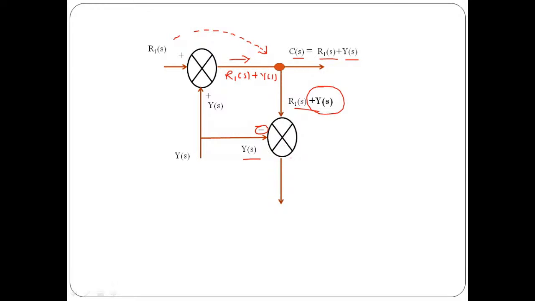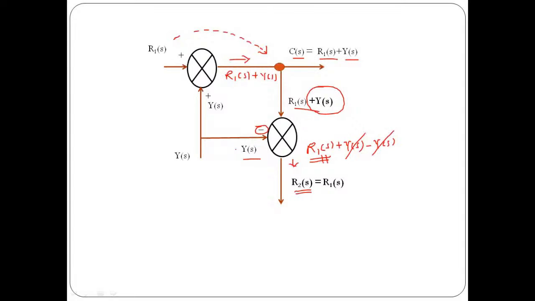So the output of this summing point will be the combination of this input, which will be R1 of S plus Y of S, followed by this input, which will be minus Y of S. So these two will get cancelled out and you will get only R1 of S as an output. And this R1 of S will be your feedback signal, which we got in the previous case.